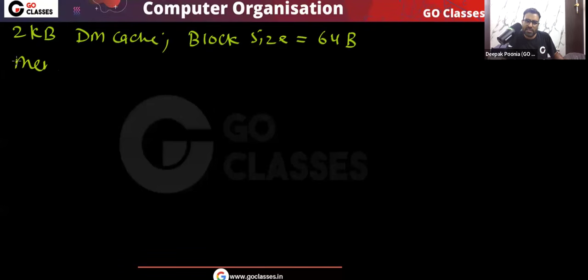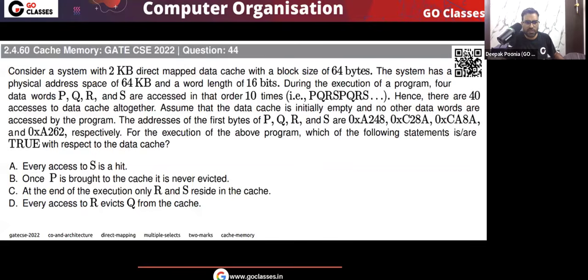So the main memory size is given to you, that is 64 KB. So the main memory size is actually 64 KB.